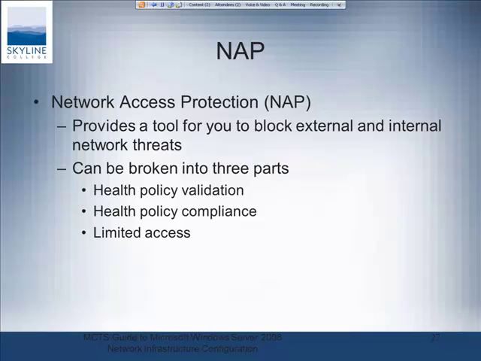NAP, Network Access Protection, has three components: health policy validation, health policy compliance, and limited access. What you do is define how extensively you want this to impact your network. Then you set it up so that the machines have to have the client activated. Once the clients are activated, it does the checking.